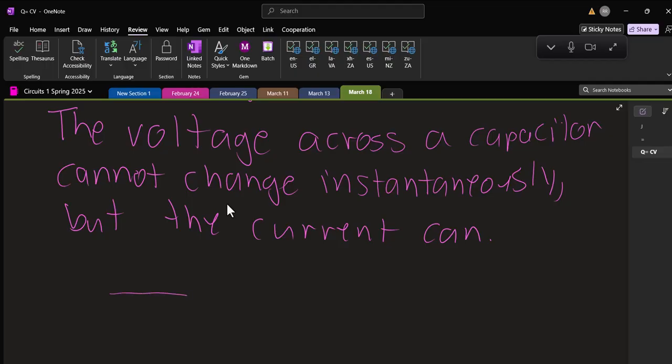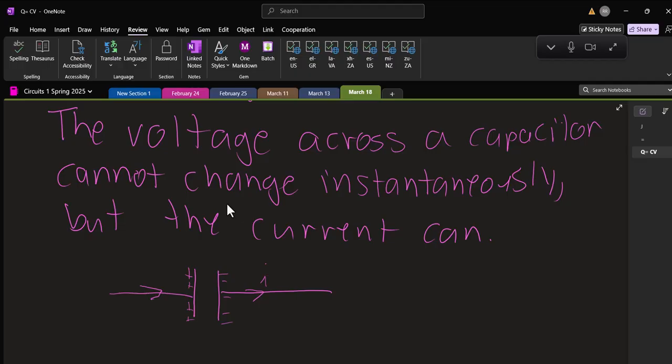So let's think about a capacitor. The reason its symbol looks like this is because this is what they usually look like. They're little parallel plates. Let's say that we have a capacitor and it's not charged. When the current starts flowing, this side will start building up a positive charge, and this side will build up a negative charge, and as it does that, it'll send the current in that direction.